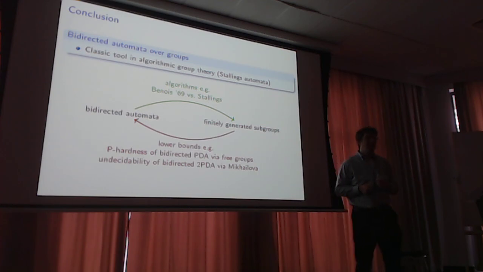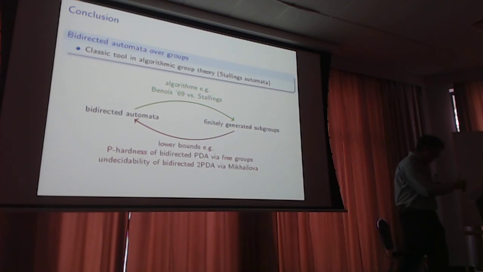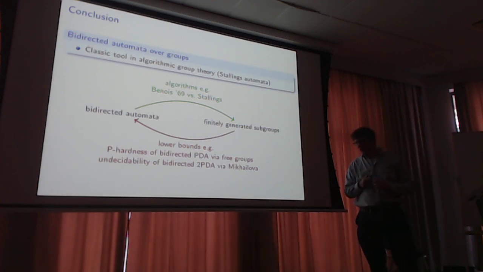Sorry, Georg, two pushdown automata are like Turing machines, right? So are you saying that undecidability in bidirected Turing machines is not easy to show? I'm not sure if the equivalence between Turing machines and two-stack automata survives bidirectedness. I think the translation can get destroyed.